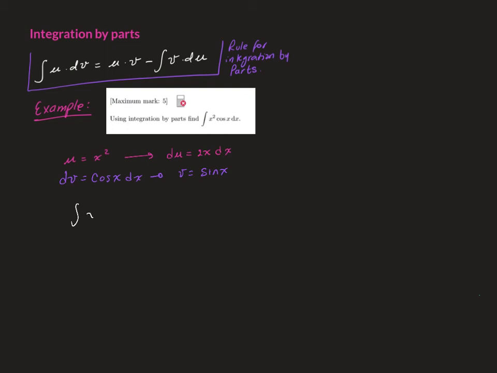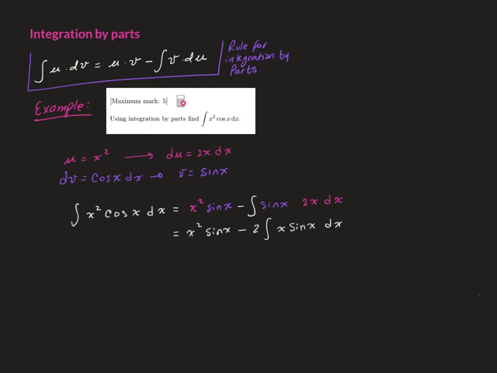So the integral of x squared cosine of x dx is going to be the product of u and v, so x squared times sine x, minus the integral of v du, so sine of x times 2x dx. This is equal to x squared sine of x minus 2 times the integral of x sine of x dx.